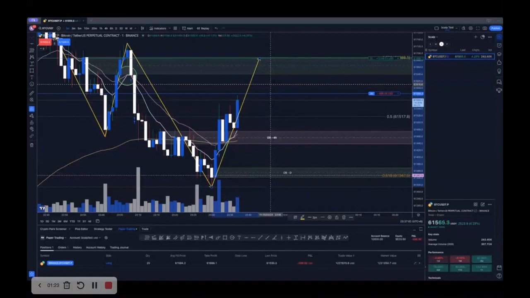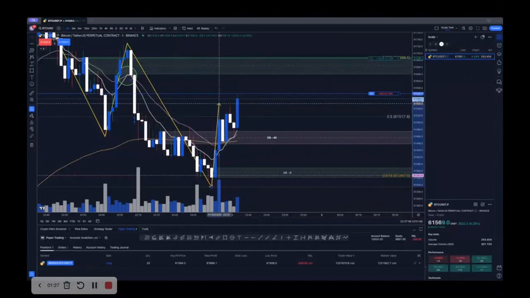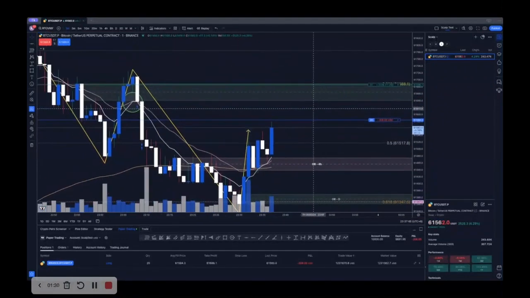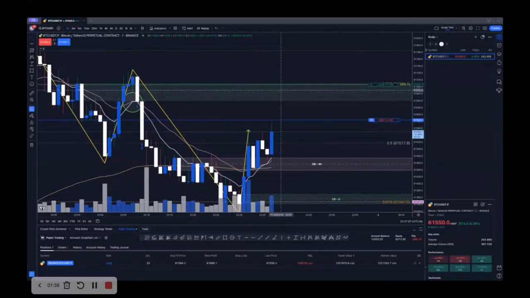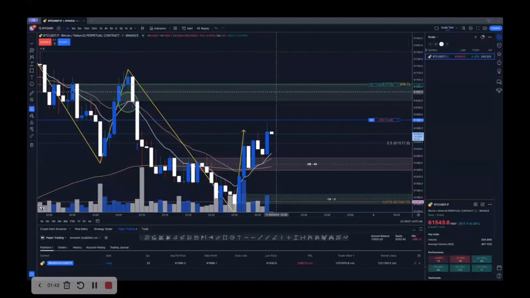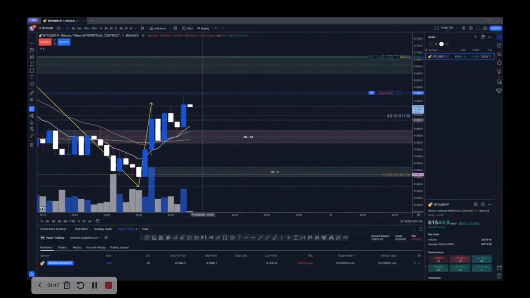We're almost at break even. There's really not that much between break even and the TP point. So if it really does go up, it'll probably go quick. And we're forming a new structure.